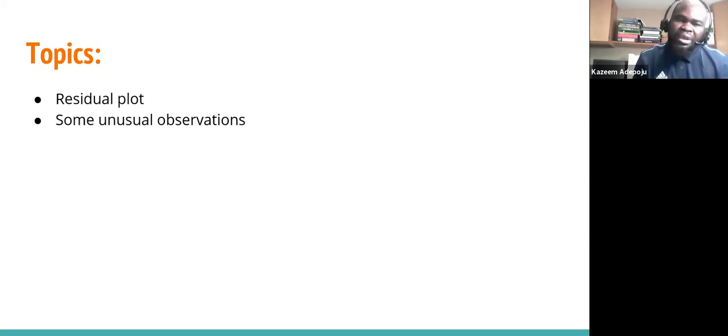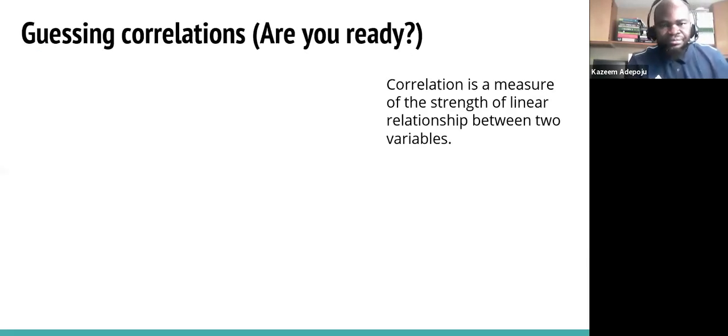That is the reason why we're going to have analysis of residuals. We are also going to be investigating whether there is a presence of unusual observations. That is going to be our focus today.